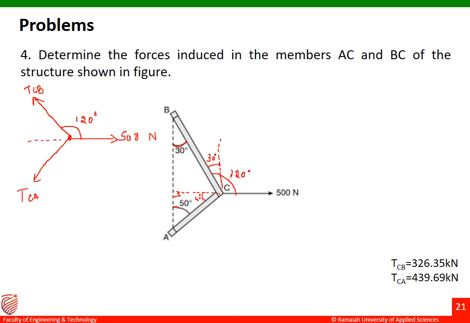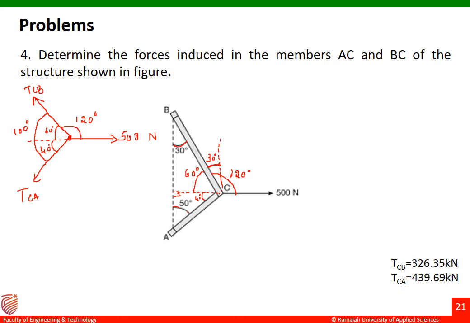I'll draw a perpendicular here. This is my 40 degrees. If this is 30 degrees, this will be my 60 degrees. So the total angle made by TCB and TCA is 100 degrees.